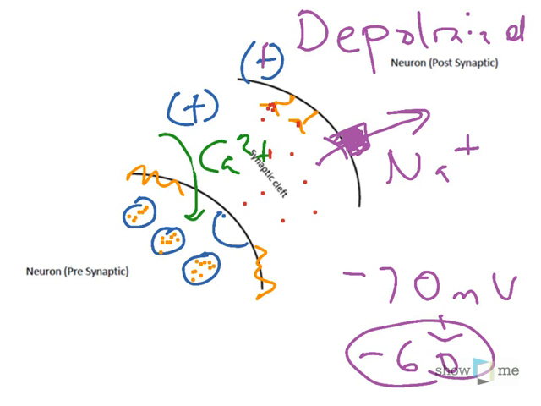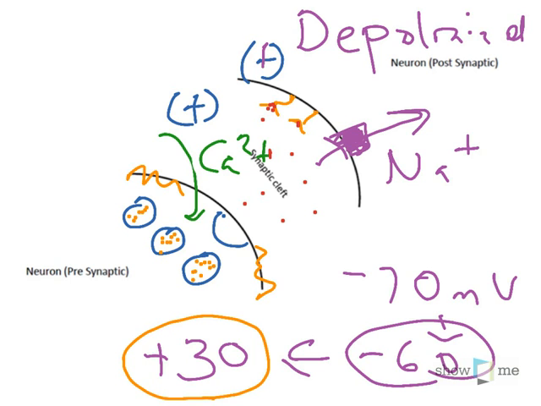Now, we will change the charge to another level as we get more and more positive. If we open enough sodium gates and we let in enough sodium, we will go to a height of plus 30 millivolts. Now notice negative 70 and we start going closer to 0, negative 60. If we make it to positive 30, we are firing an action potential like a snap. Pow. The cell then fires the action potential.